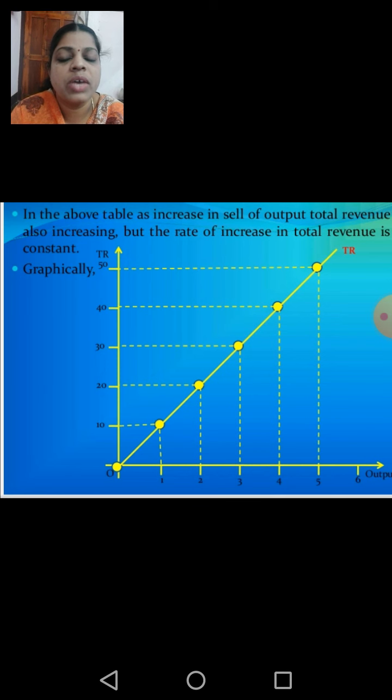So here we can see that 1 unit of output is sold at the price of what? Yes, 10. So what is the total revenue? 10 into 1. So the total revenue is shown on the OY axis. That is 10, 20, 30, 40 and 50.